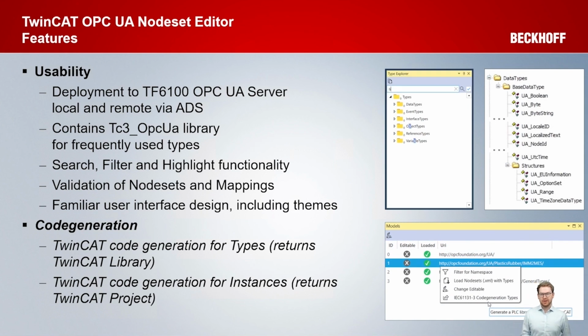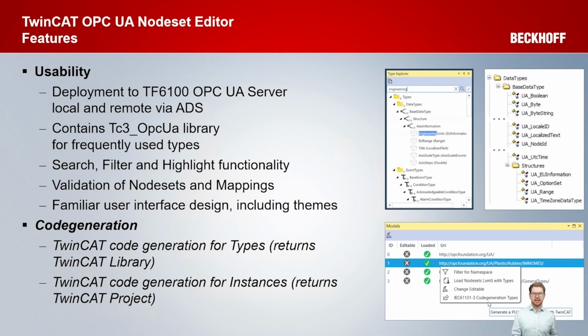Then we have a lot of usability features, like deploying to the OPC UA server automatically, locally, and remote, using ADS. Also, the TwinCAT OPC UA Nodeset editor install contains a TwinCAT 3 OPC UA library that contains frequently used types. The editor, as you can see on the right, has a search, filter, and highlight functionality, allowing you to browse quickly through the available types and instances in your project.